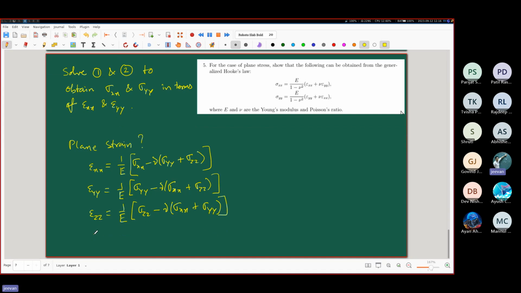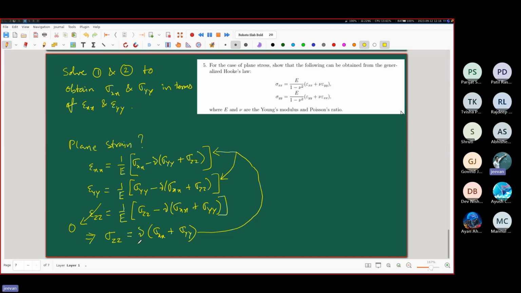Okay, for plane strain, we know that epsilon zz is equal to 0. If that is so, then what this equation is giving us is that sigma zz is equal to nu times (sigma xx plus sigma yy). Now, what we have to do is substitute this expression of sigma zz here and here.